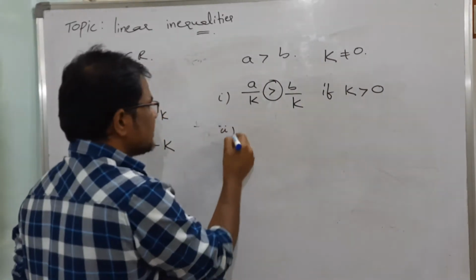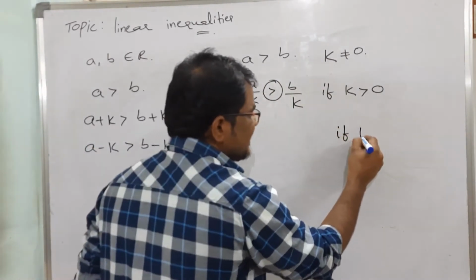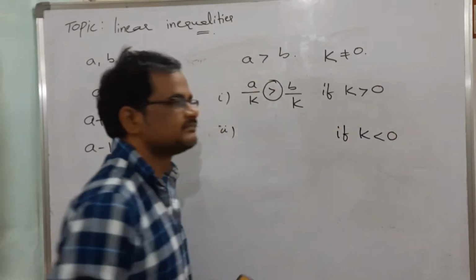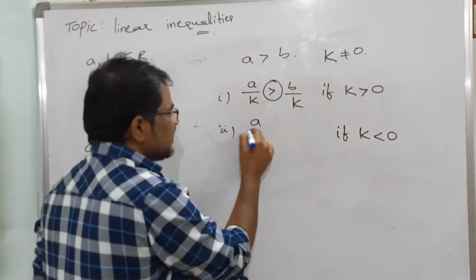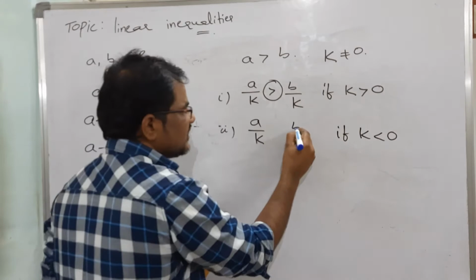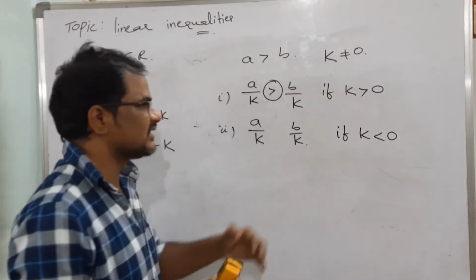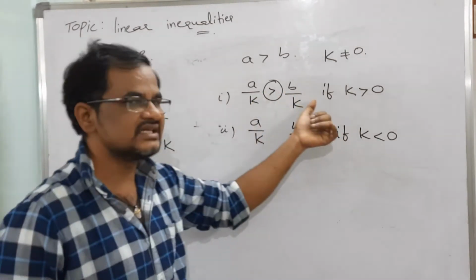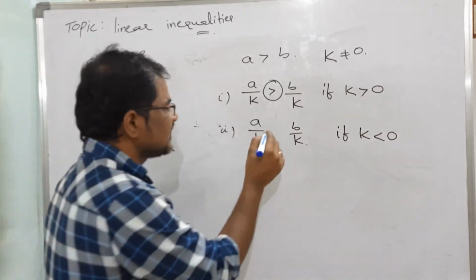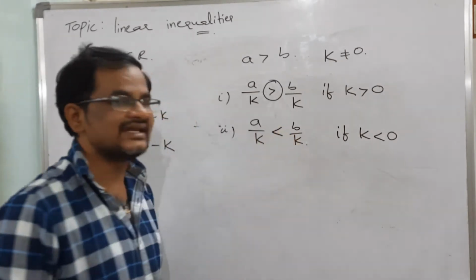But in the second case, if k < 0 and you divide by k on both sides, then definitely the inequality reverses.